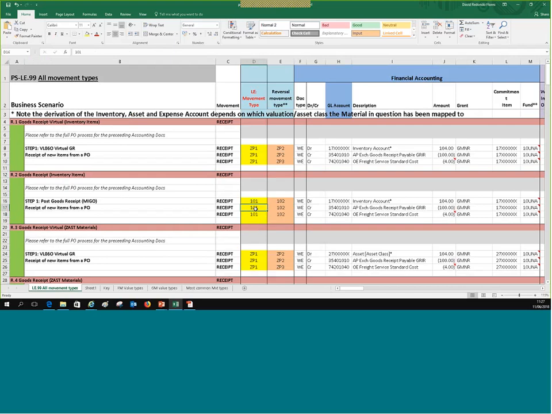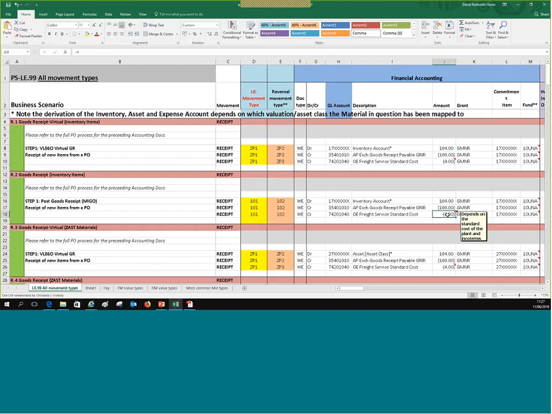So if someone is doing good receipt with movement type 101, the system automatically debits the inventory account, credits the GRIR account, and credits the freight services. Do not get confused now with this 4% because for peacekeeping, the standard associated cost is 8%.